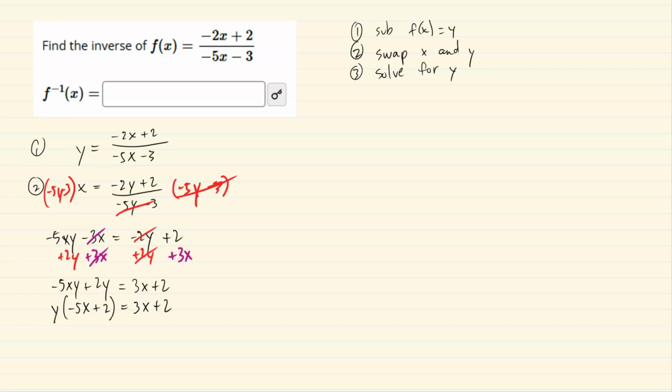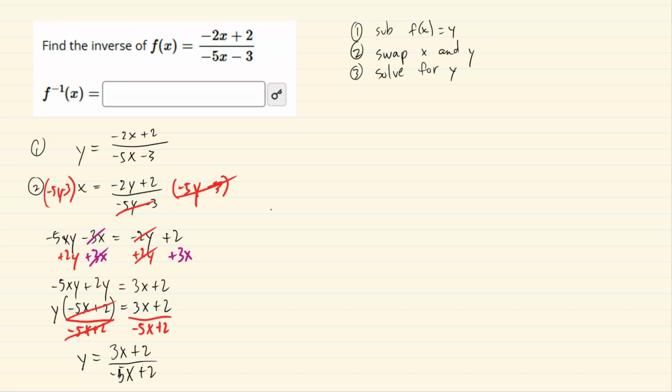But now at this point, all we have to do is divide by what's in the parentheses, and that will make it so we have y by itself on the left side of the equation. So at this step, we would divide by negative 5x plus 2 on both sides. That'll cancel out with that, and we would end up with y equals 3x plus 2 over negative 5x plus 2.